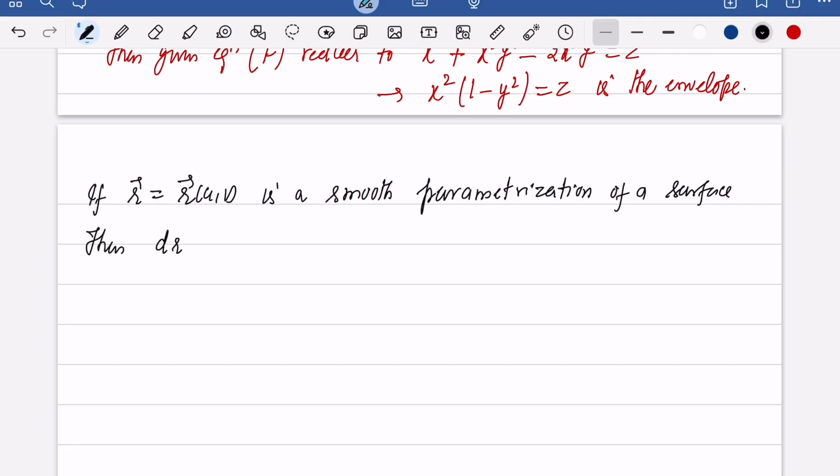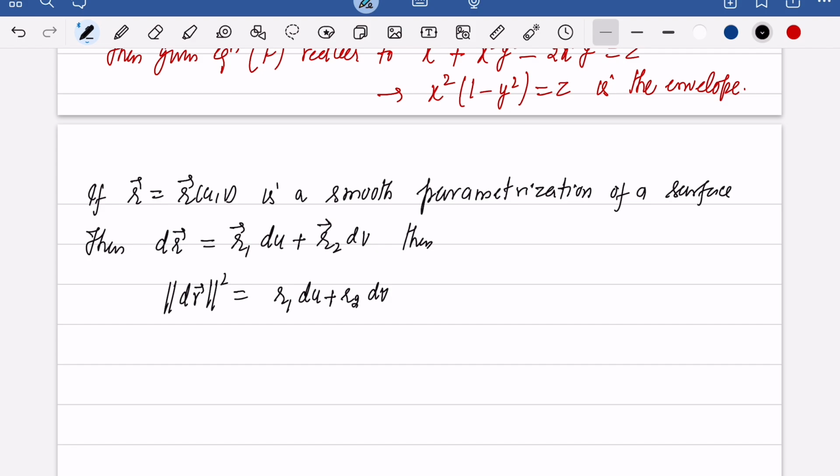Then this dr, which we call the direction vector, is defined as r1 du plus r2 dv, where r1 represents the first order partial derivative of r with respect to u, and r2 represents the first order partial derivative of r with respect to v. Now if we take the norm of this vector, then norm of dr whole square is equal to the dot product of dr with itself, that is r1 du plus r2 dv dot r1 du plus r2 dv.